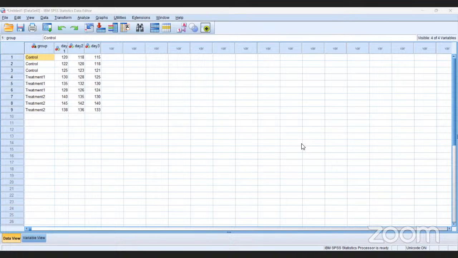After that, it is a two-tailed test because it is a correlation statistics. After that, you click OK.